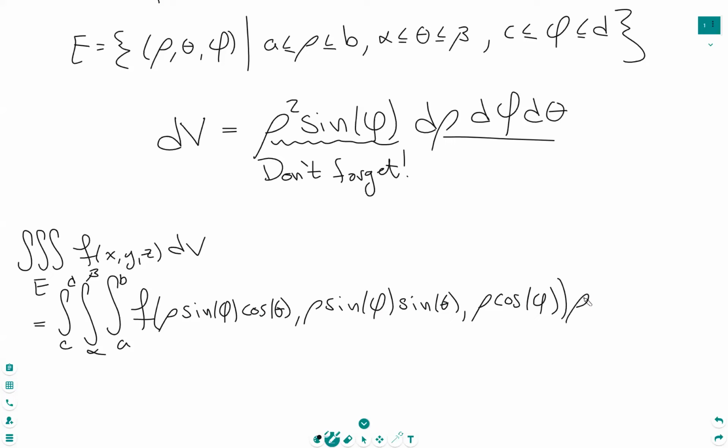And then we have our extra rho squared sine phi d rho d theta d phi.